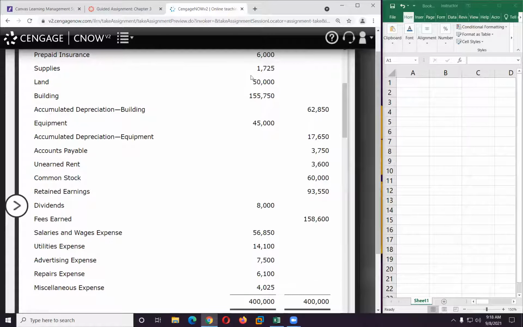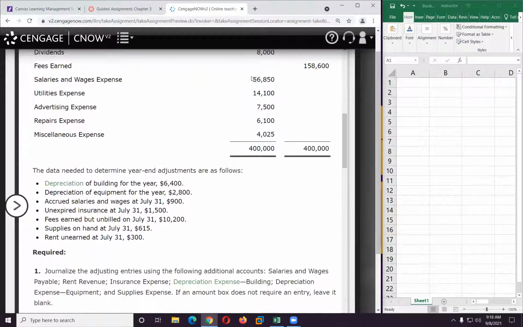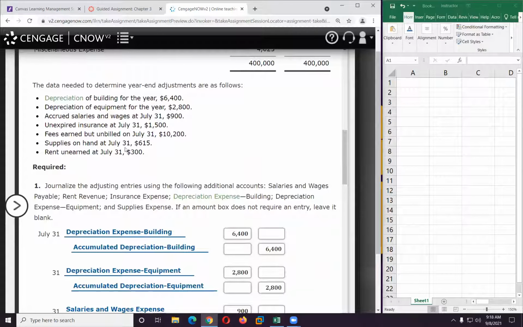I know if I had 1725 and now I have 615, then 1725 minus 615, which is $1,110, is the amount I used. Does that make sense? So each time it tells us how much we have on hand, what we need to do is go back and compare it to what's on the unadjusted trial balance, subtract them, and the difference is the amount we used during the month.